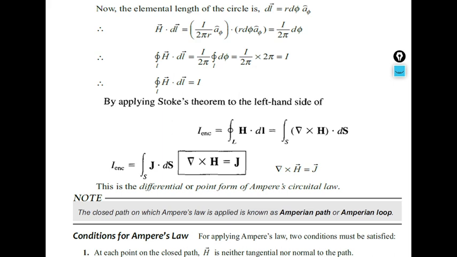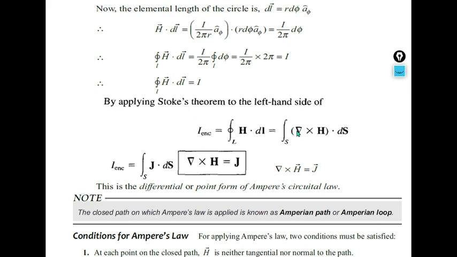You know flux is equal to the open surface integral of flux density dot ds. Similarly, replace it with current: B is a flux density, the equivalent is current density, so we write J, and the rest of the things are the same.